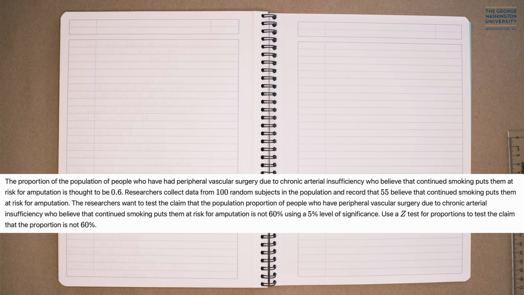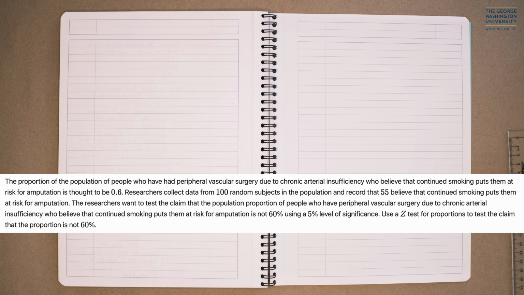The proportion of the population of people who have had peripheral vascular disease surgery, so that's our population we're looking at, everyone who's had surgery for narrowing of the arteries in their limbs, usually the lower limbs, due to chronic arterial insufficiency. They have narrowing of these arteries, maybe because of cholesterol and smoking. Anyway, who believe that continued smoking puts them at risk for amputation.